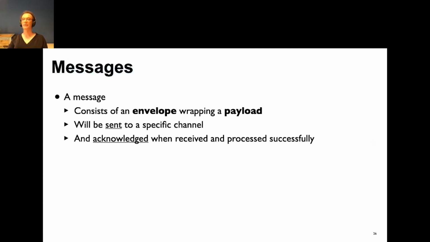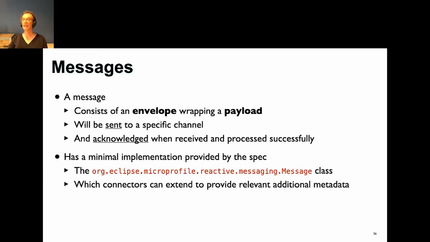So, messages, which are really important, of course, consist of an envelope wrapping a payload. A message will be sent to a specific channel, and it will be acknowledged when it has been received and processed successfully. The Eclipse MicroProfile has a minimal implementation in the Message class, and connectors can extend it to provide additional relevant metadata, such as the Kafka connector does when it adds header information and whatever.